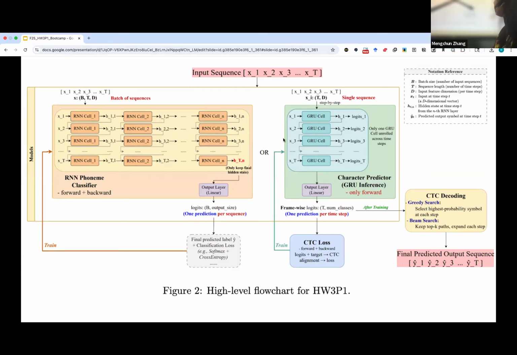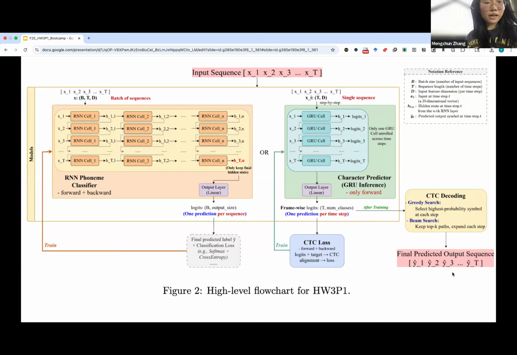Different from the classifier, it's a many-to-many mapping, and we can use this model's output as the input of the CTC loss, the CTC process I introduced before. Then you can use a CTC decoding strategy like greedy search or beam search to decode your model's output and get the final predicted output sequence.